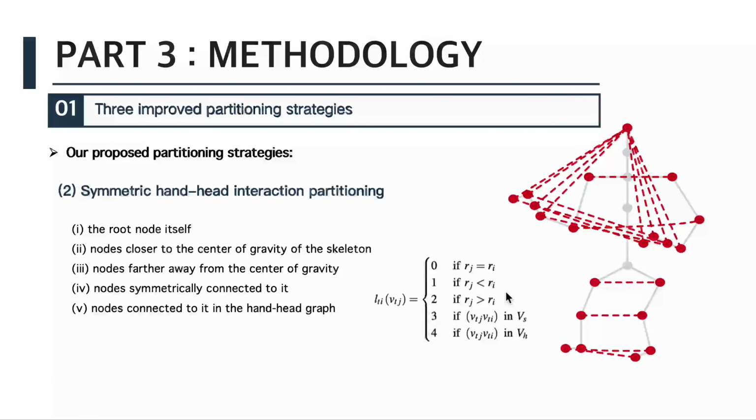The second is symmetric hand-head interaction partitioning. We observed that the majority of actions in the datasets exhibit symmetry and often involve interactions between hand and head joints. So we devised a strategy to enhance spatial configuration partitioning by incorporating symmetric and hand-head connections.